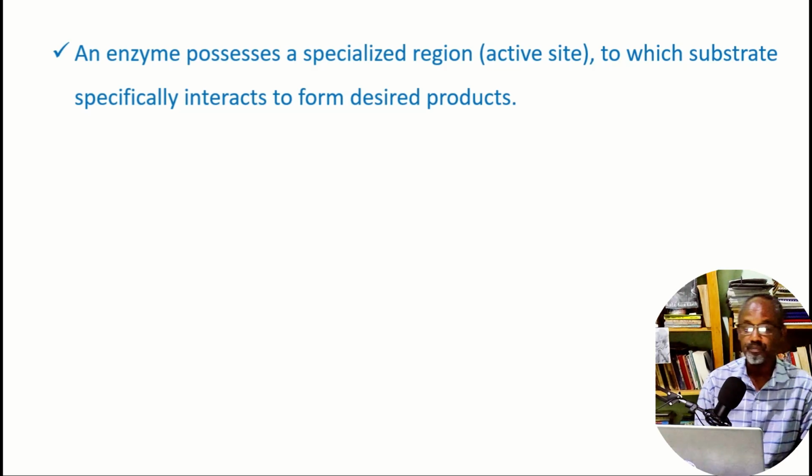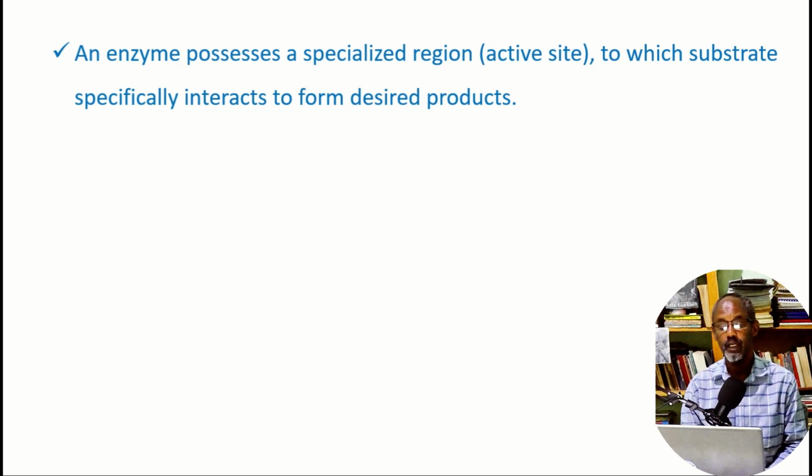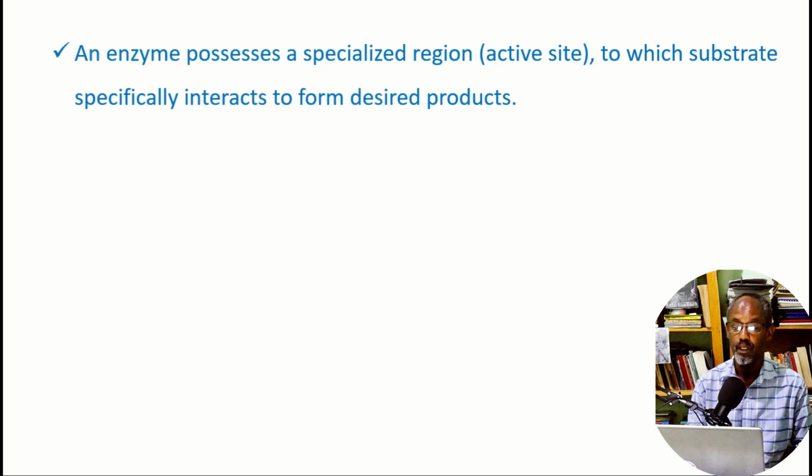That is chemical binding, of course, through different types of bonding. Therefore, an enzyme possesses a specialized region. It could be one or many regions of core active sites, special pockets in the spherical enzyme where the specific substrate attaches and the catalysis occurs.